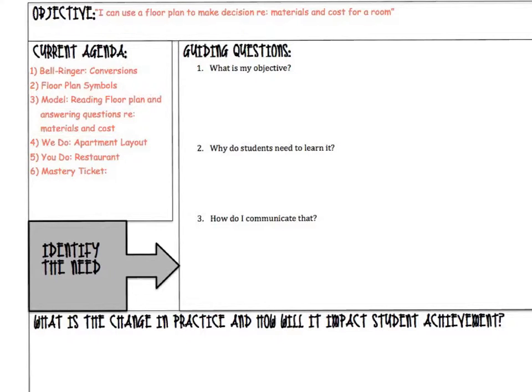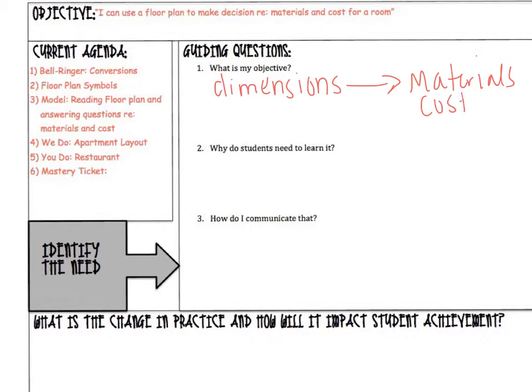My first guiding question is, what is my objective? Well, my objective is for students to be able to find dimensions from their floor plan. And then I need them to be able to make some decisions about the materials that they're going to need and how much those materials are going to cost.